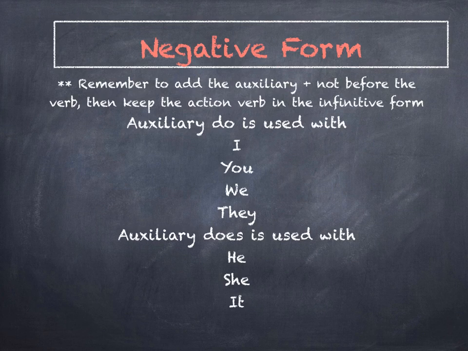You will either use do if your subject is I, you, we, or they, and you will use does if your subject is in the third person singular, so he, she, it, or any subject that can replace these pronouns.